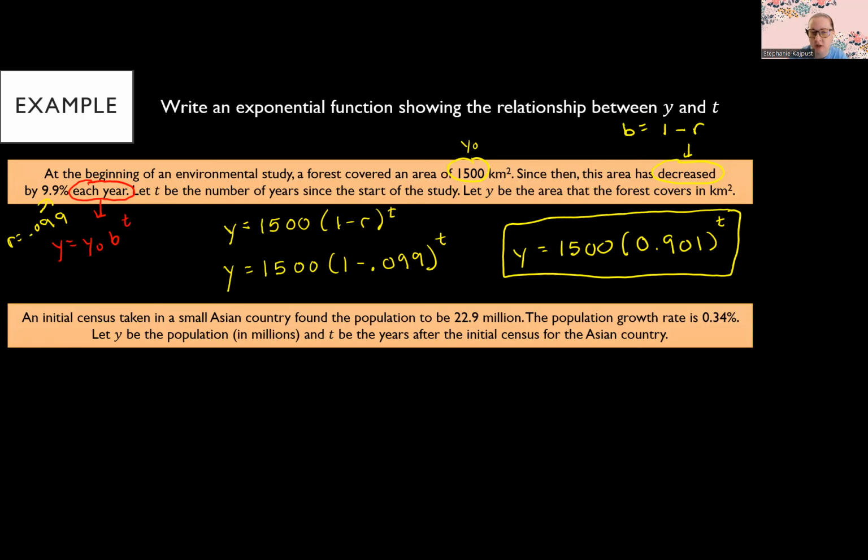Because it's happening yearly, that told me it's Y equals Y naught B to the X, or B to the T. Once I've determined that model, then I have to figure out the numbers, where they go. Your starting amount, your percent, and then you have to determine B is either 1 plus a percent or 1 minus a percent. In this case, it's decreasing, and so it's minus.